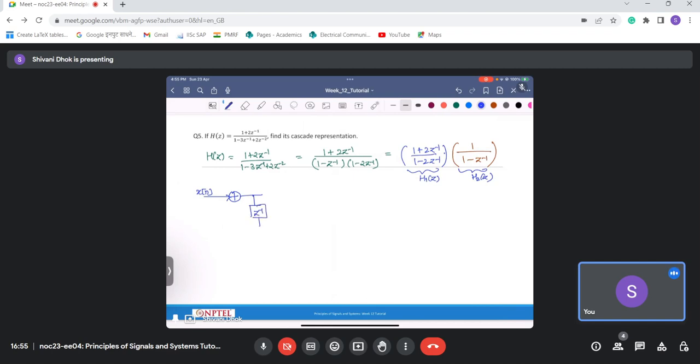Then this is minus 2. We are realizing this part first. Since we have minus 2, it will get a negative sign, like this. And then I have 1 plus 2z inverse, so this will get added. Something like this. So this is my H1(z).